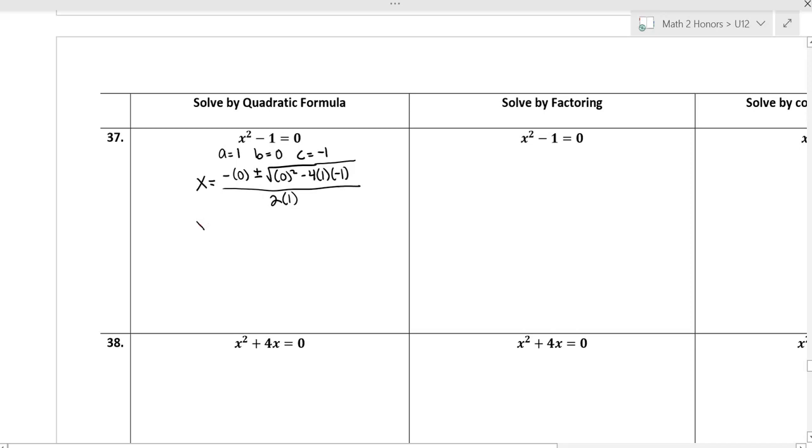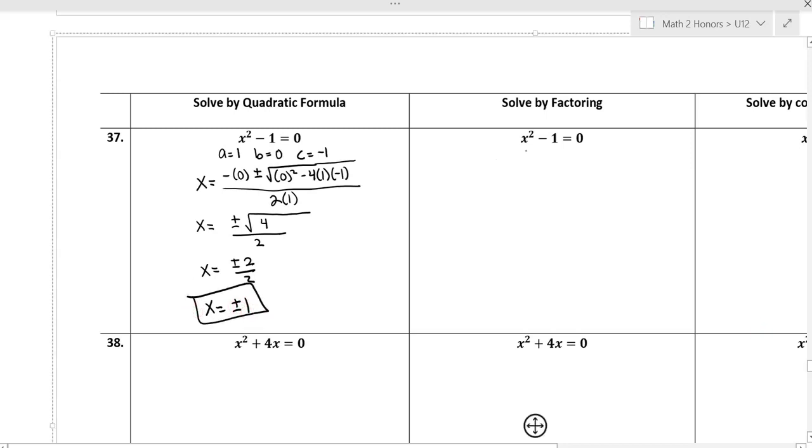Alright, now let's start simplifying. So we're getting x is equal to plus or minus 2 over 2, which is positive or negative 1.